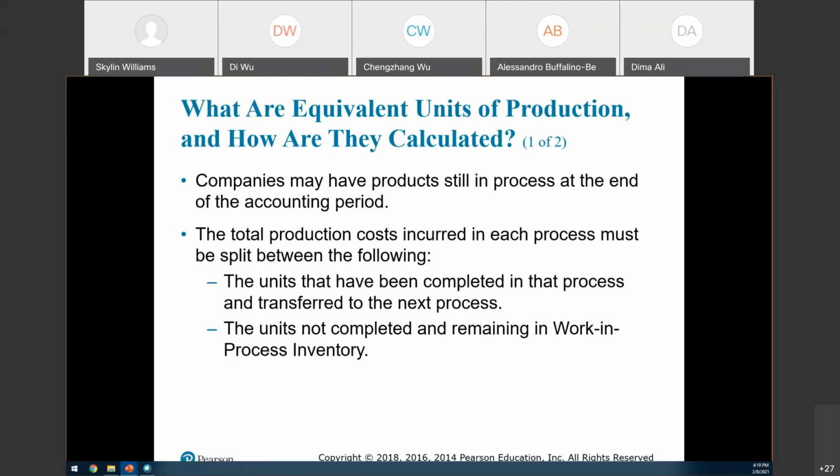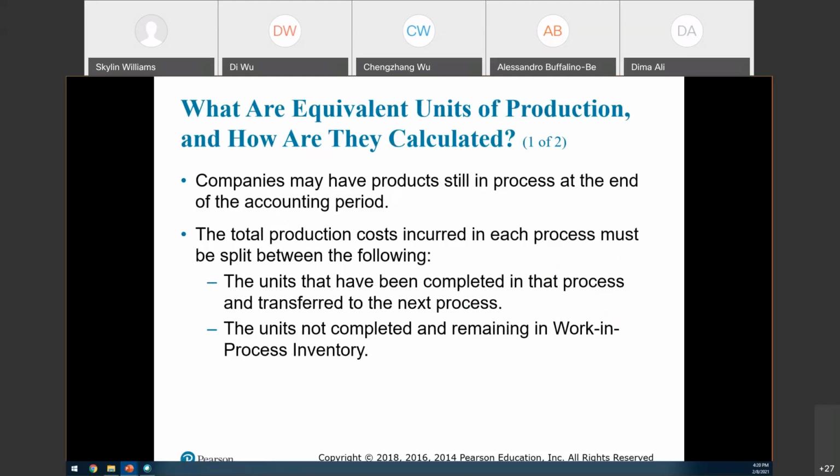The production process takes time, so companies may have products that are not completed and still in process at the end of a counting period.